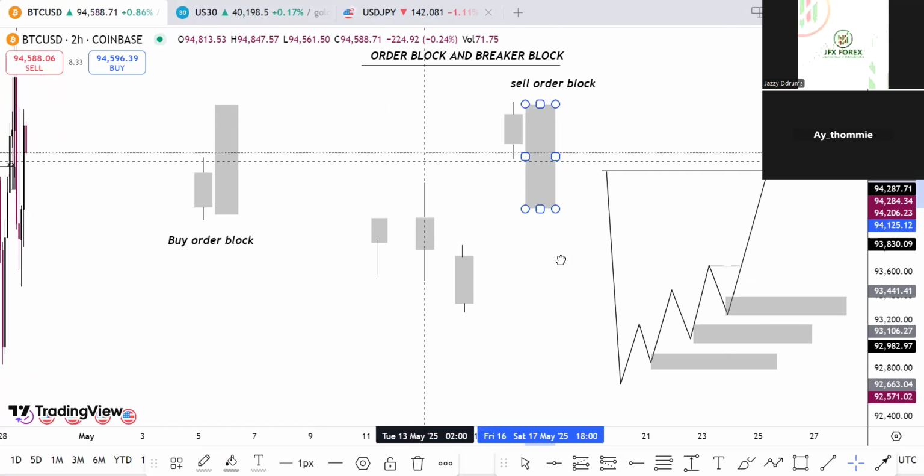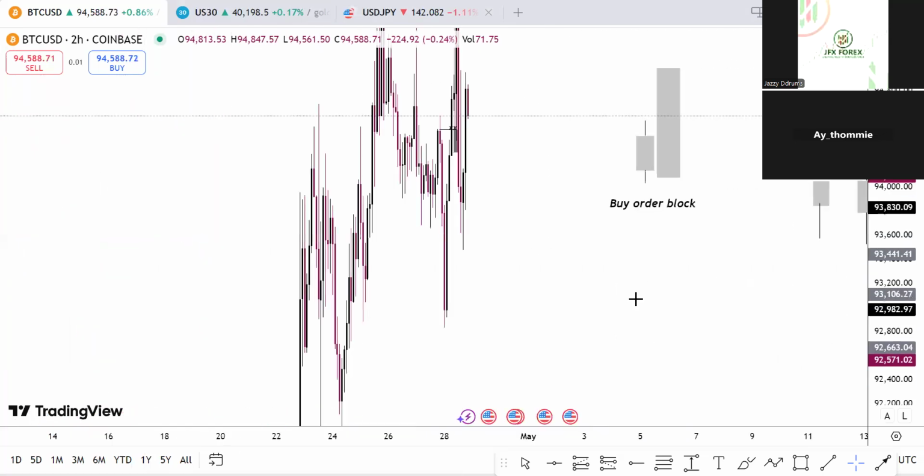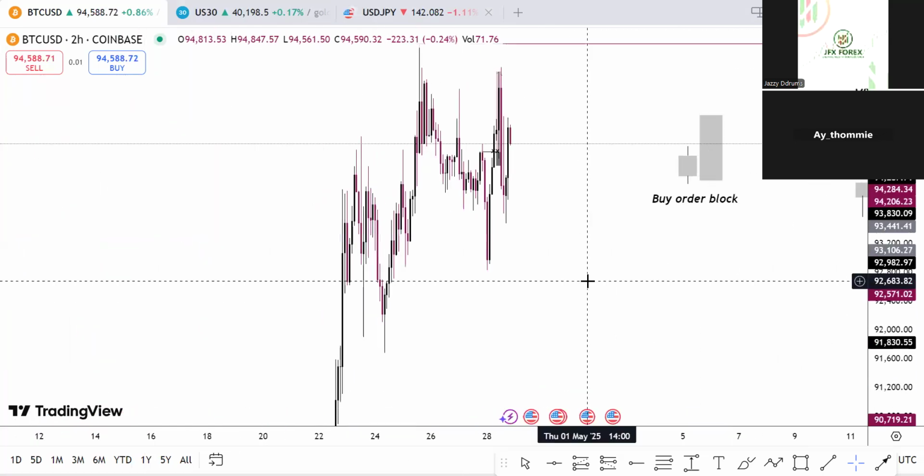And let's look for it on the chart for a proper example.